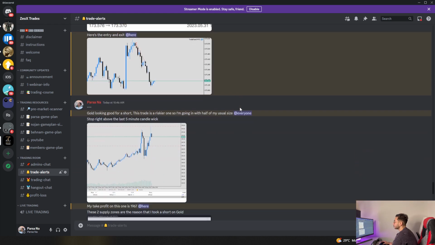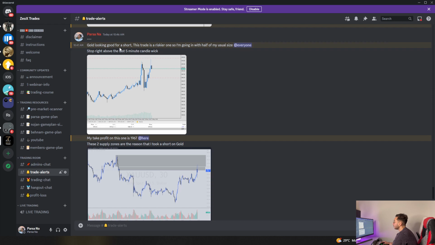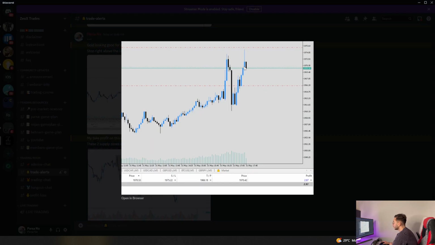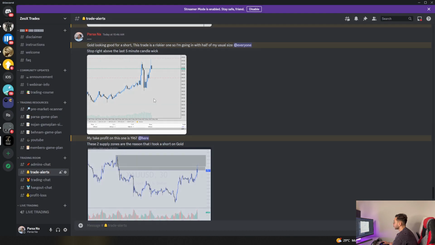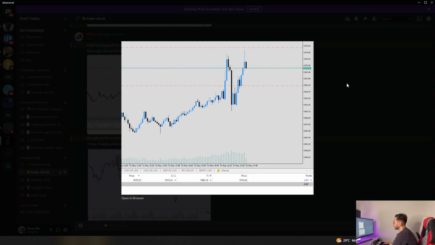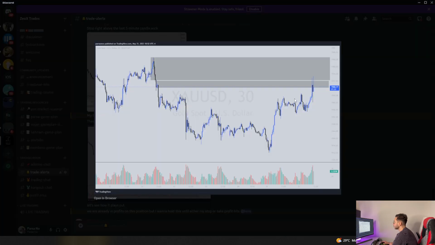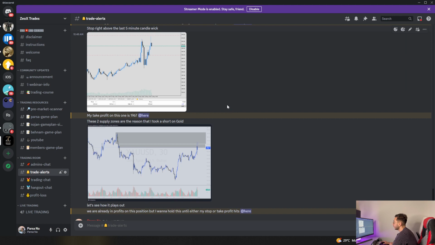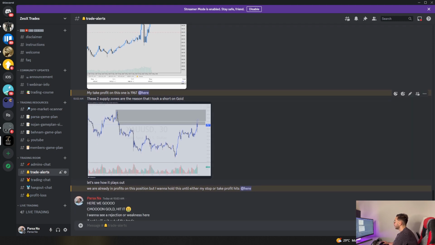Now the next trade that we took was on gold. I was looking to short gold, and we took this short here. The stop loss was above the wick of this 5-minute chart. If I scroll down here, this is what I was seeing: gold was trading into a supply zone, so that's why I took a short on this trade. Unfortunately, it hit our stop loss before it went in our favor.